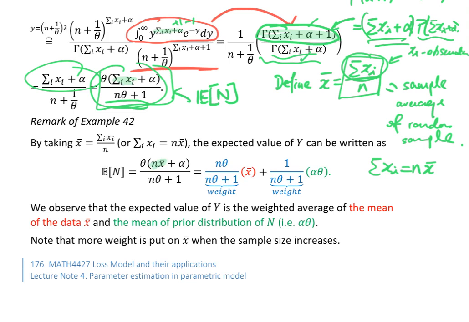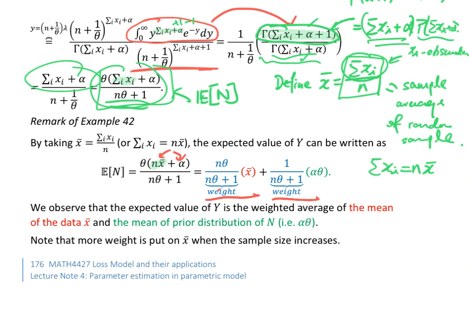And then the next thing that I'm going to do is I will try to split these two terms, this one and this one, and break it down into two parts like that. After you break it down, you can find that the expected value of n can be written as the sum of these two parts. Now in this part, there's actually something interesting.